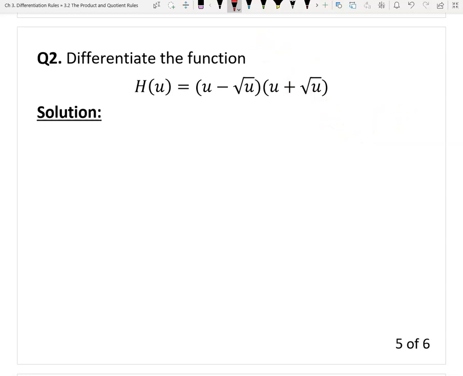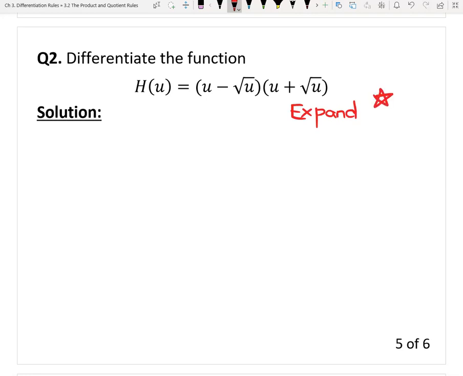Why? Because with the product rule, later you will find that you still need to expand. So we expand at the first step. This is important. Why?